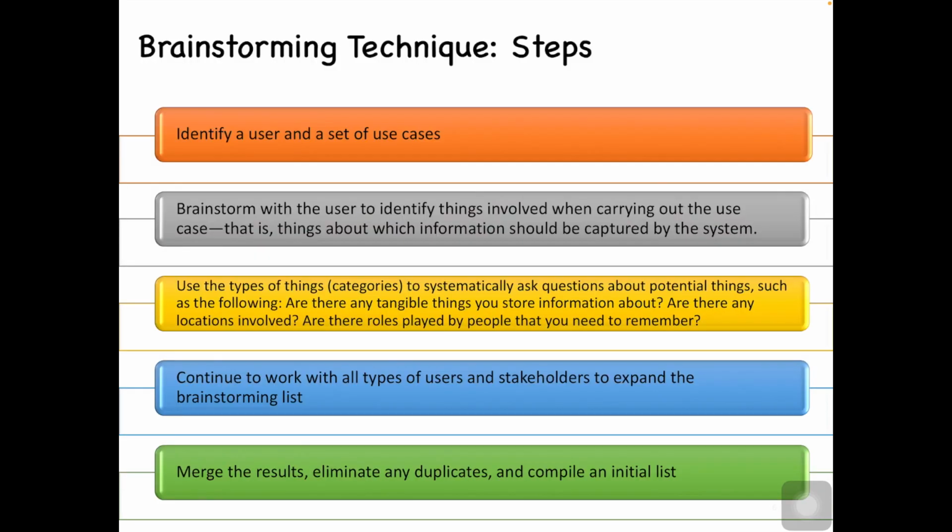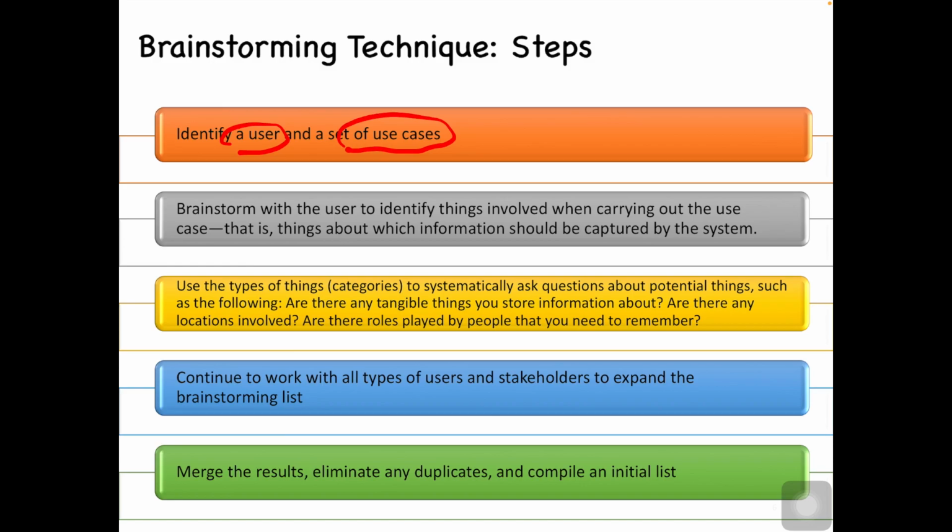What are the steps in the brainstorming technique? First, we need to identify a user or users and a set of use cases. In the last chapter, we identified our actor and also the use cases, and we developed our use case diagram. So we have done the first step.